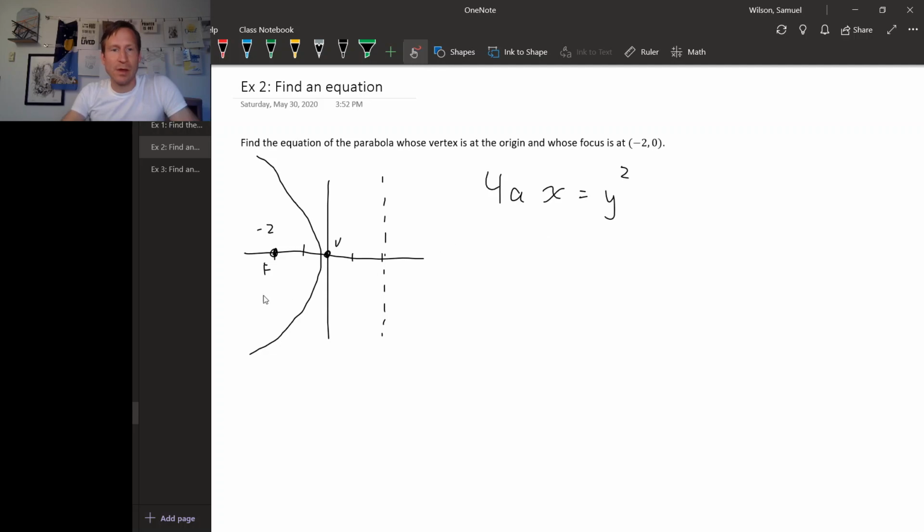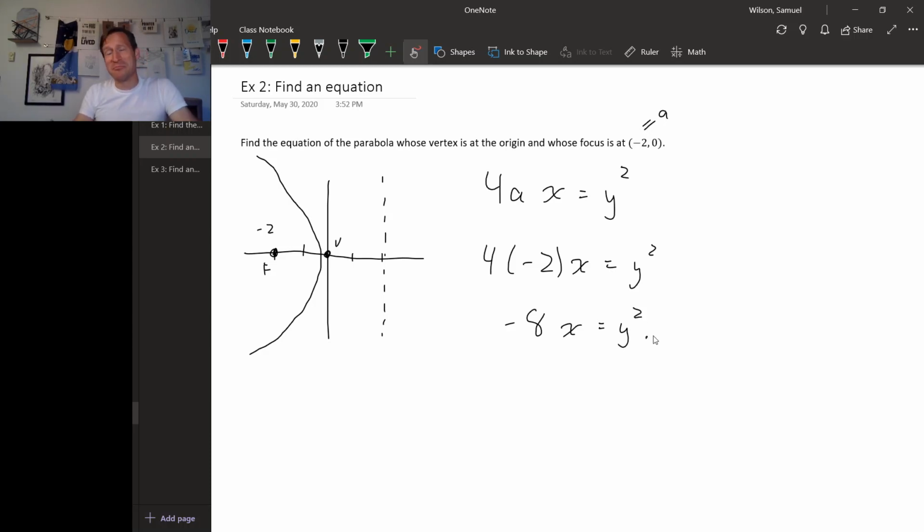Remember, the non-zero coordinate of the focus is the focal length. So this focal distance is -2. So actually we can just pop that into this equation. 4 times -2x equals y squared. So that's -8x equals y squared.